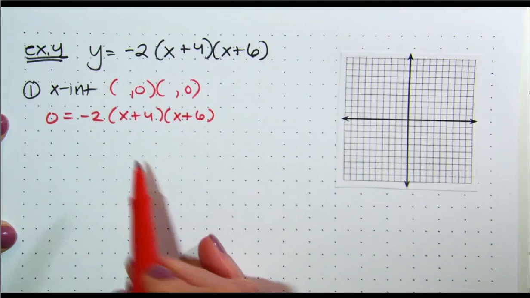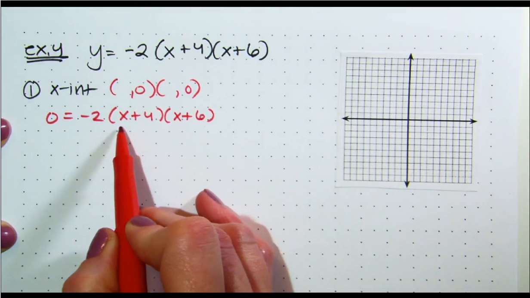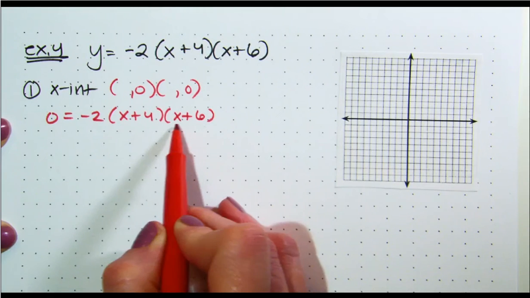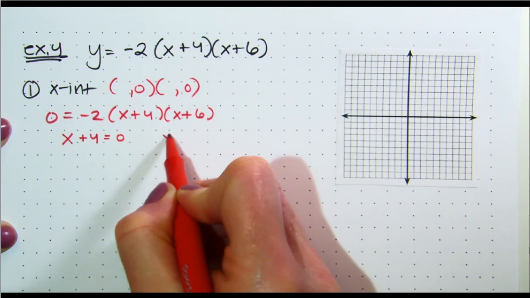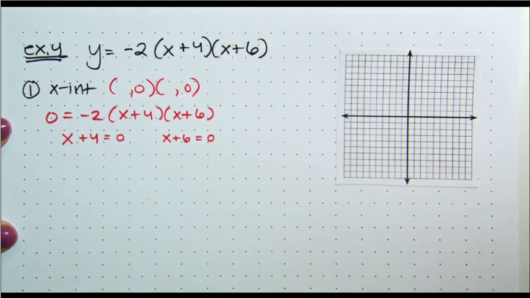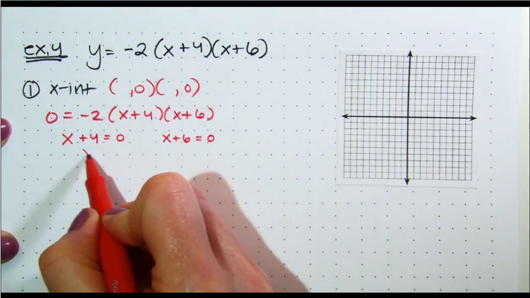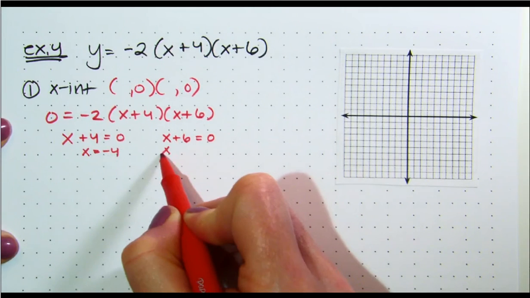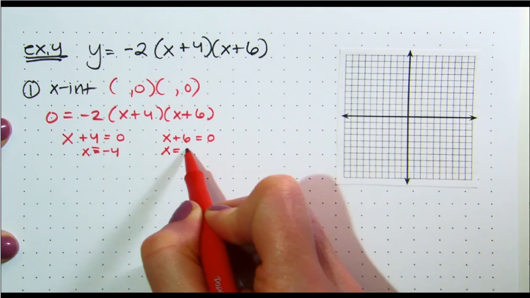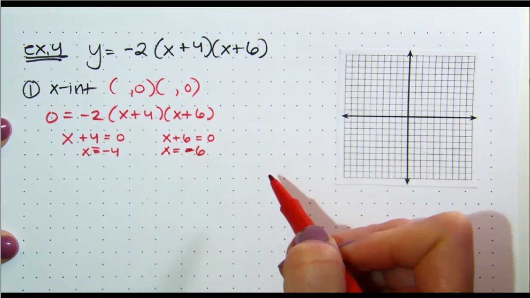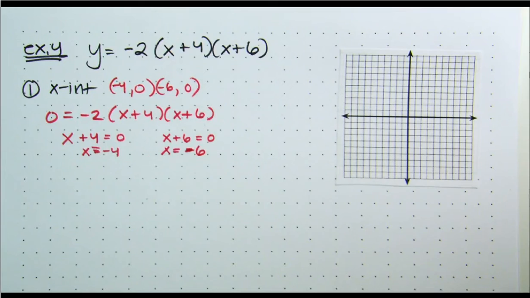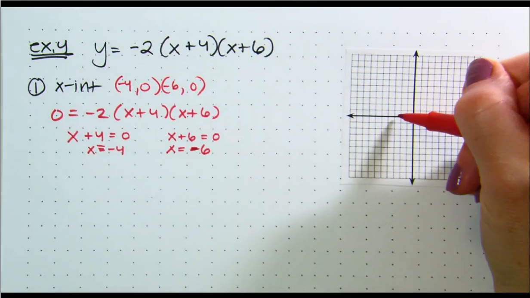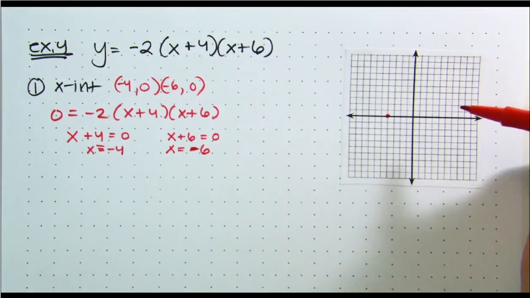Now there's nothing I can do with the negative 2, so I want to make either this binomial 0 or this binomial 0. But we need to be prepared for either case when we write our x-intercepts, right? So x can either be equal to negative 4 or equal to negative 6. Let's go to negative 4 and negative 6.